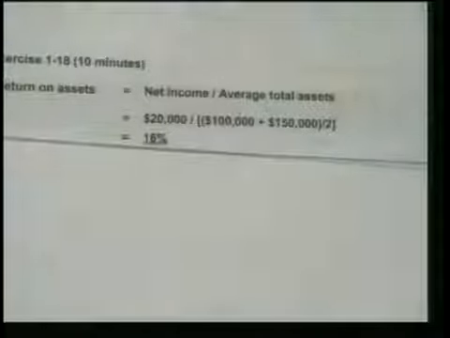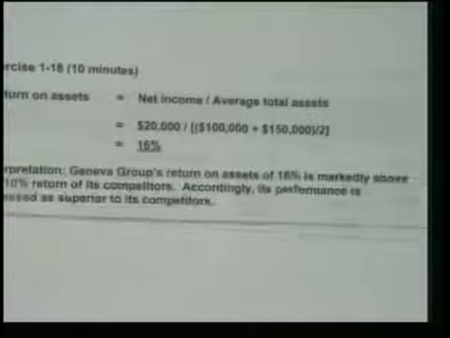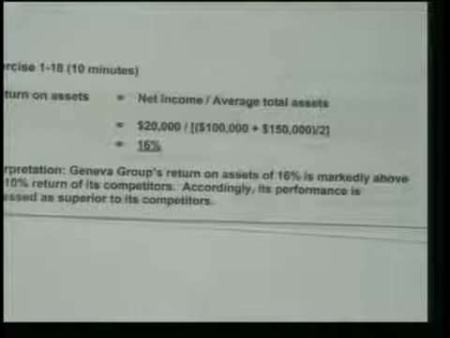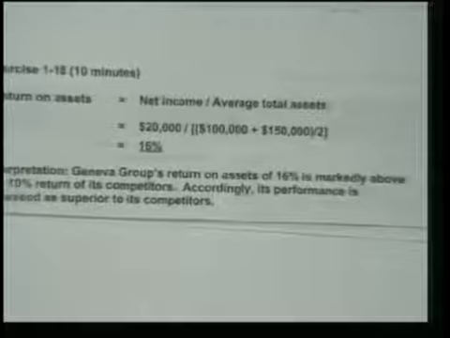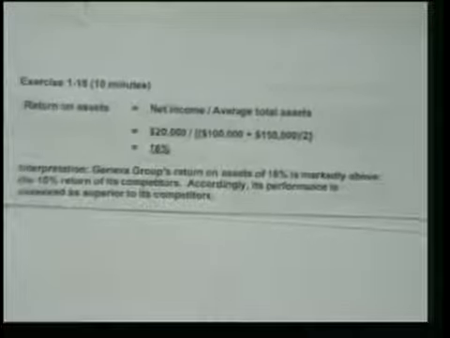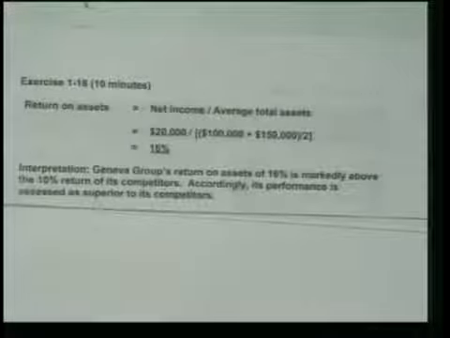So in this case, what do we compare this to? Well, they tell us that competitors average a 10% return on assets. So I would say, looking at this ratio alone, it's above it, correct? And thus, as far as that ratio by itself, that's a pretty good thing, isn't it?